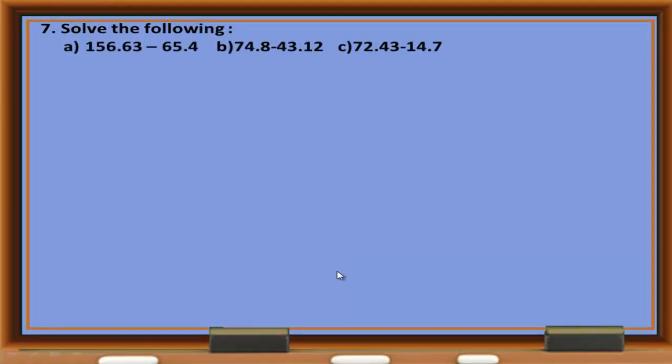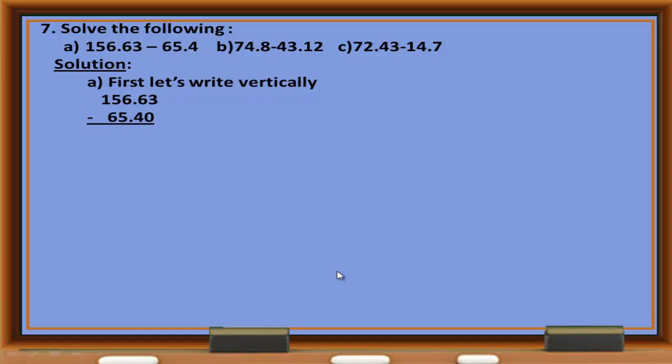Number 7. Solve the following questions. Solution A. First, let us write vertically. 156.63 minus 65.40. 3 minus 0 is 3. 6 minus 4 is 2.